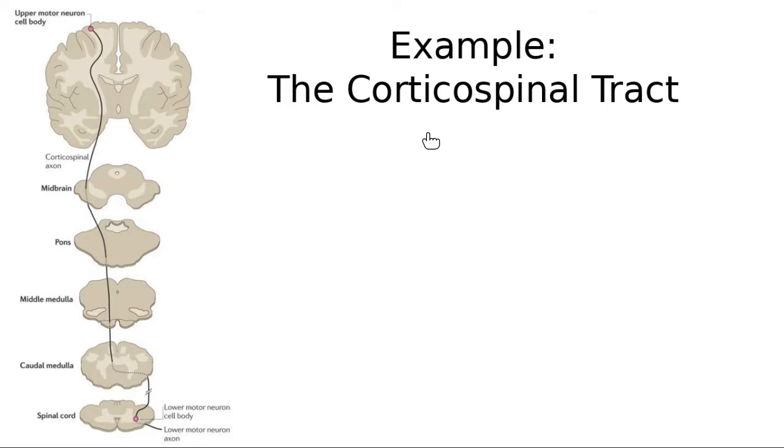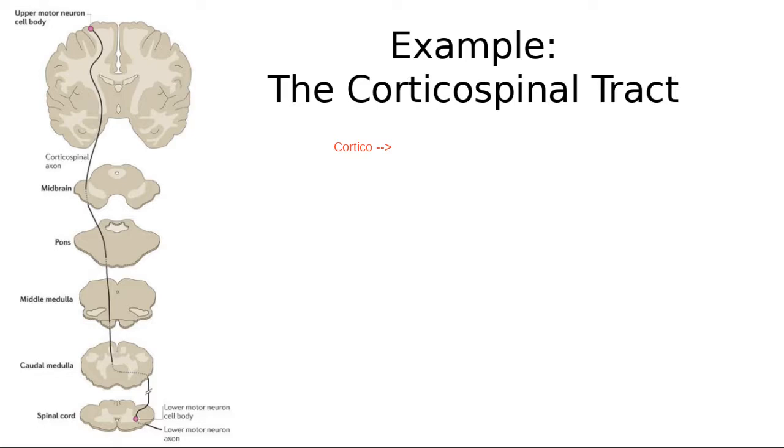We're looking at an example of something called the corticospinal tract. The corticospinal tract. This word cortico, for those of us that have worked through it in the lesson, what did cortico refer to? Do we remember?